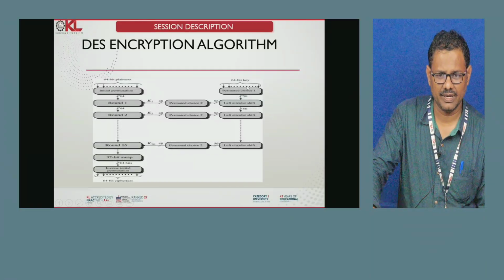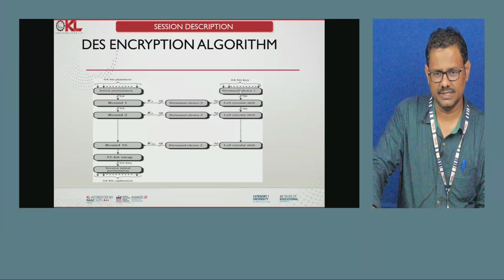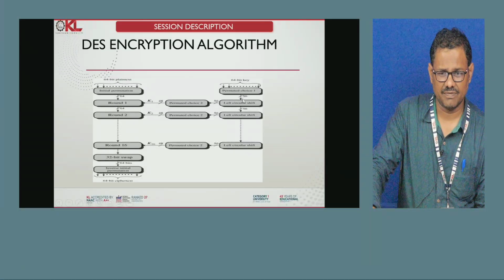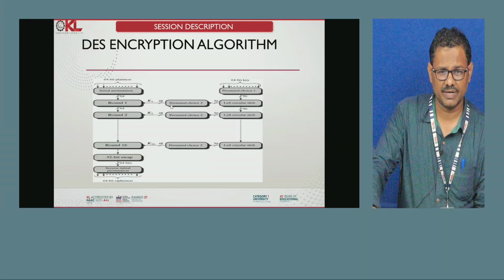In parallel we take the 64-bit key and give it as input to permuted choice 1. It is a table with some values. After giving the 64-bit key to permuted choice 1, we get 56 bits. After the left circular shift, we again get 56 bits. By applying permuted choice 2, we get 48 bits.